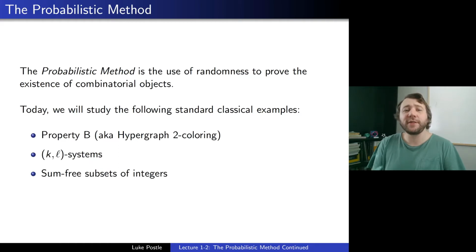In particular, we will be discussing property B, which is also known as hypergraph 2-coloring, KL systems, and sum-free subsets of integers. So again, this is just a number of examples showcasing the method at its heart in its somewhat more basic form, some of the intricacies and nuances involved with it that we learn best by practice and experience. So here is our first example of the day.